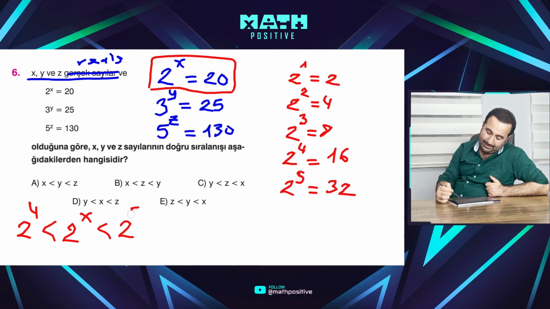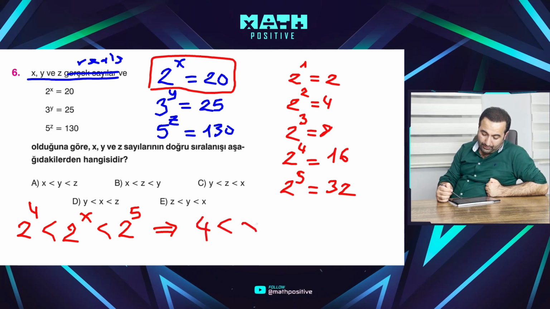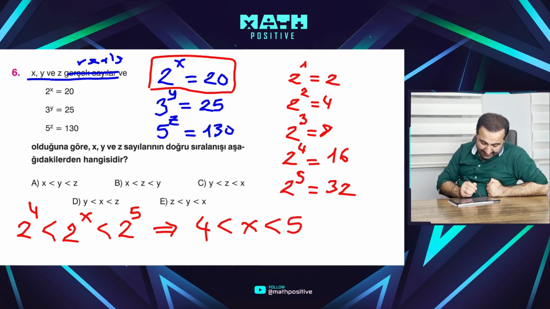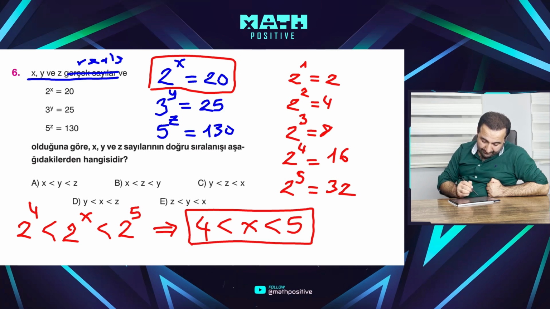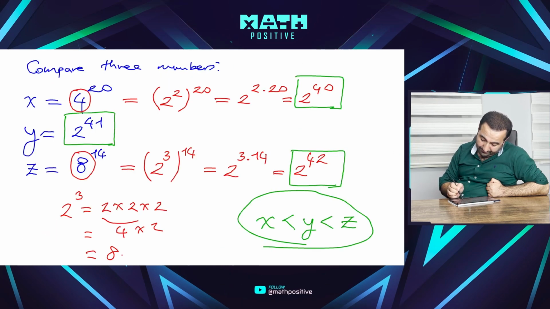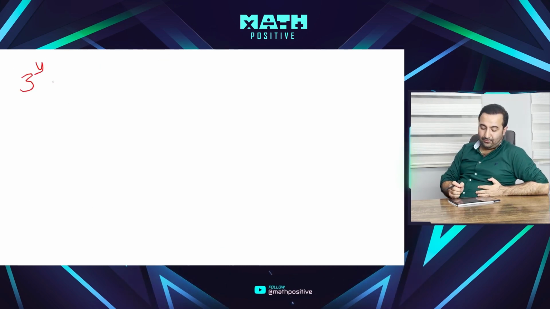If we see our table, 20 is between 16 and 32. So our 2 to the x is between 2 to the power 4 and 2 to the power 5. Then we will have 4 is less than x and x is less than 5. We have 4 and 5 as our boundaries for x.